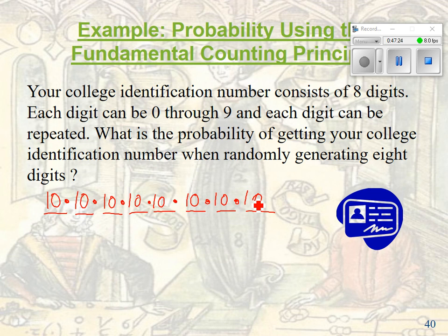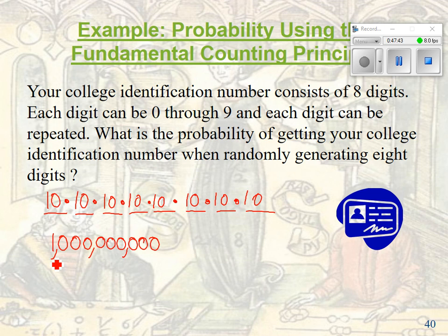A 1 with 9 zeros? Everybody agree with that?